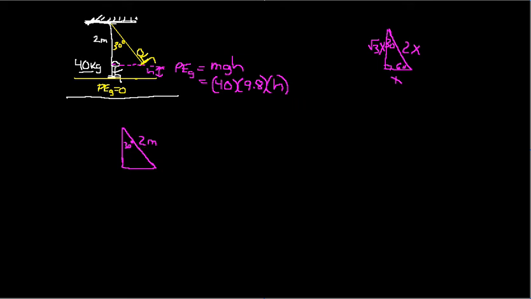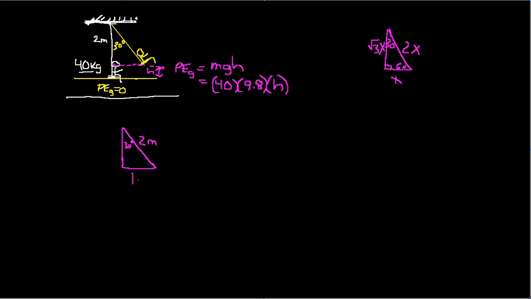So this is the relationship between the sides of a 30, 60, 90. If you don't know that, this is the hypotenuse, and to find this opposite side, the sine of 30 equals opposite over hypotenuse, and cosine will give you this side.